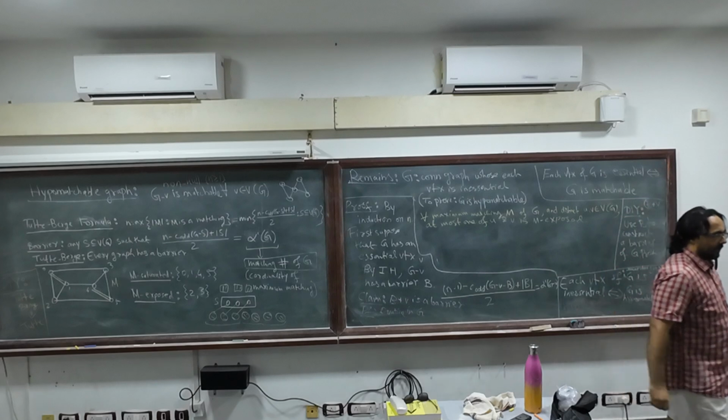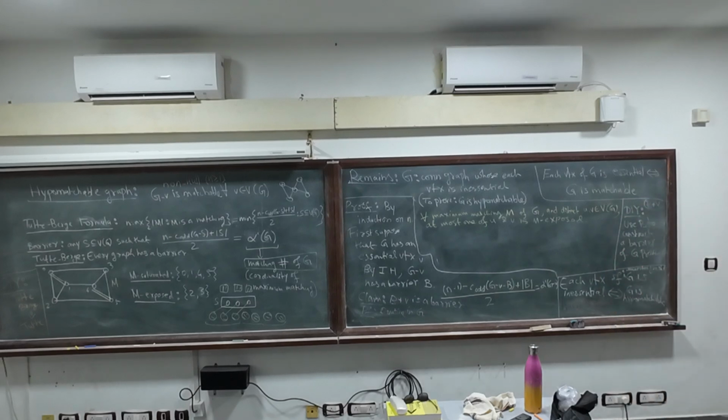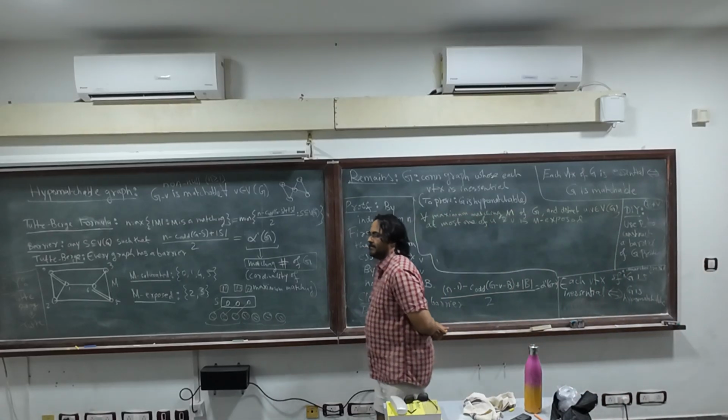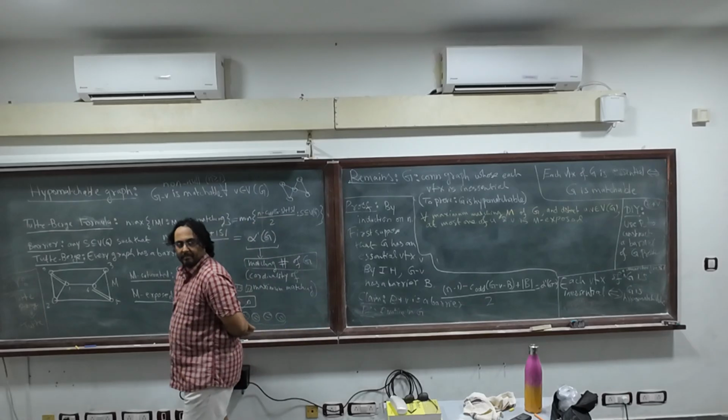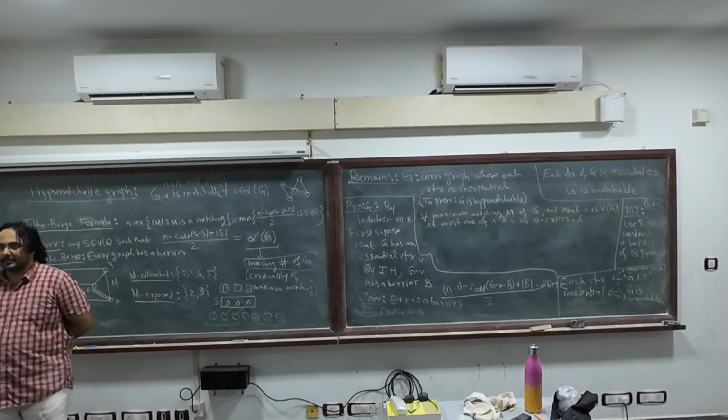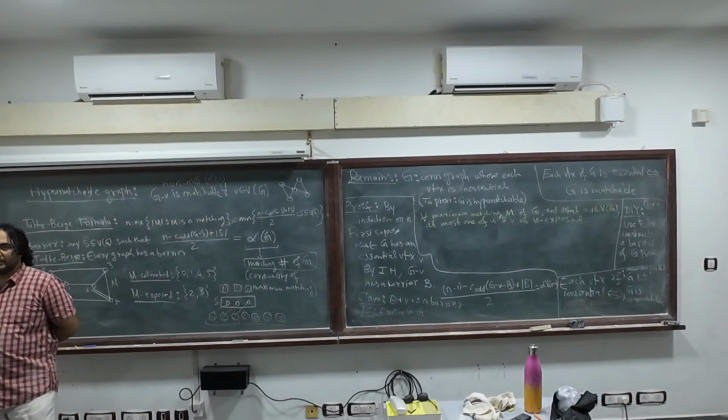Supposing we prove this statement, are we done? Think about it. Will it be enough to prove this statement? Yeah? Everybody agrees? This is good enough. We will prove this.